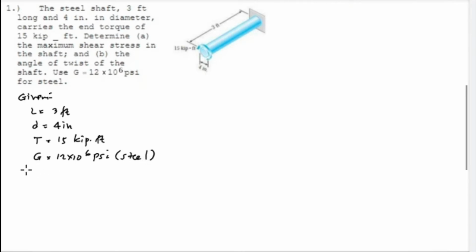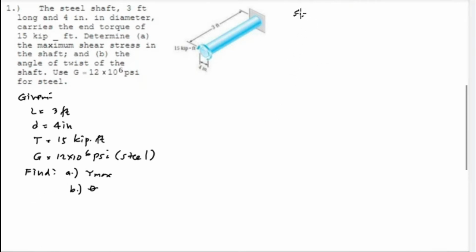Then we find A, which is the maximum shearing stress, tau max, and B, the angle of twist, theta.